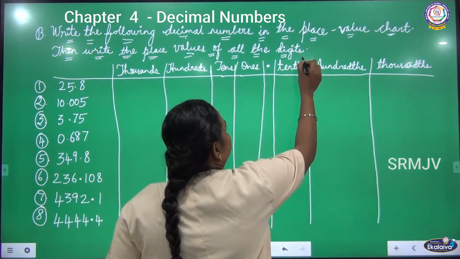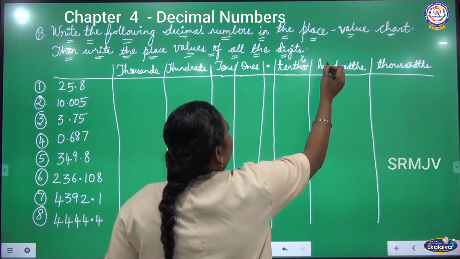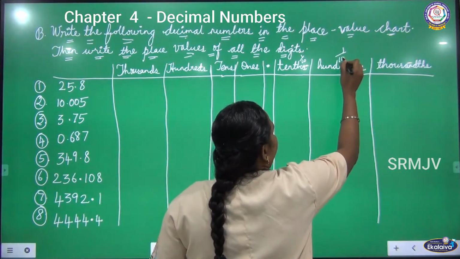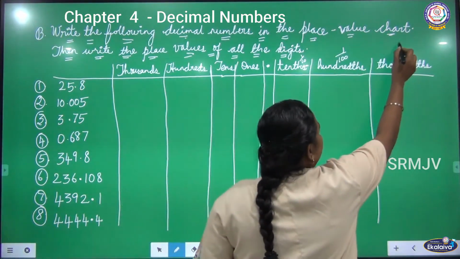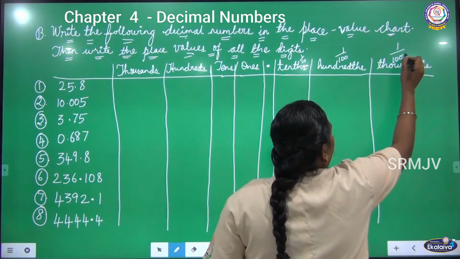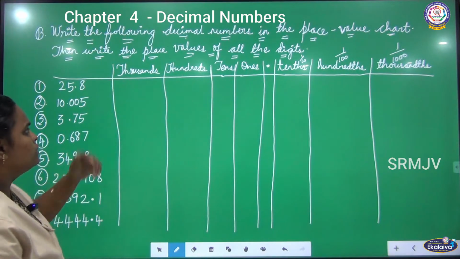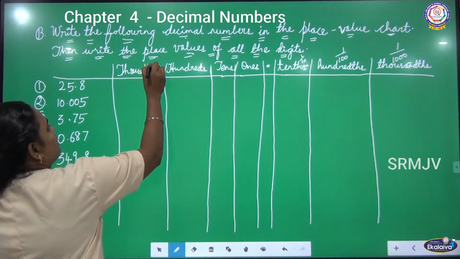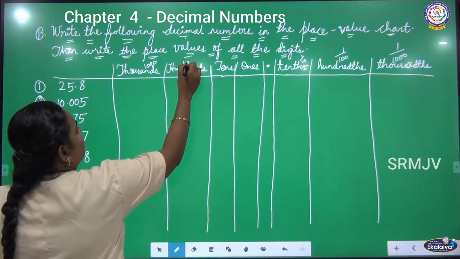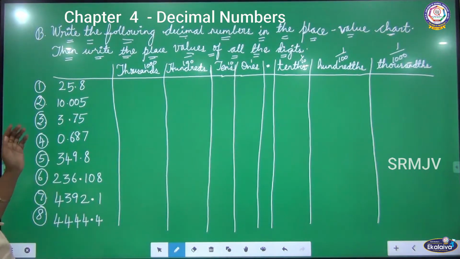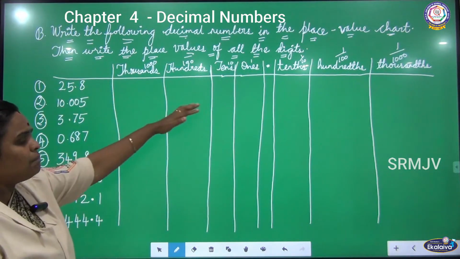Tenth means 1 by 10, then hundredth means 1 by 100, then thousandth means 1 by 1000. So you know already these place values. Thousand means 1000, then hundreds means 100, then tens, then ones.